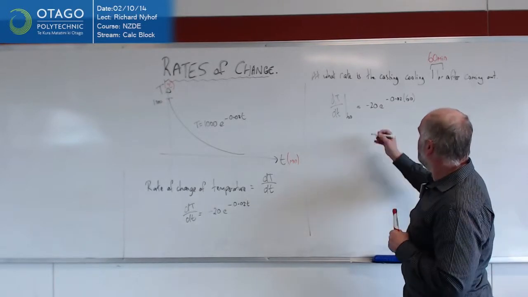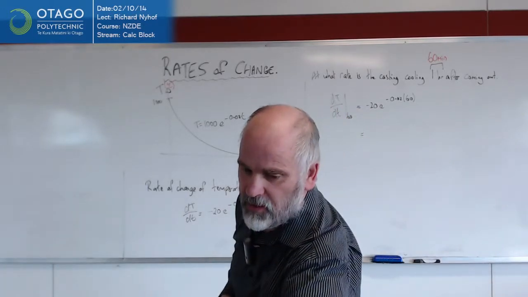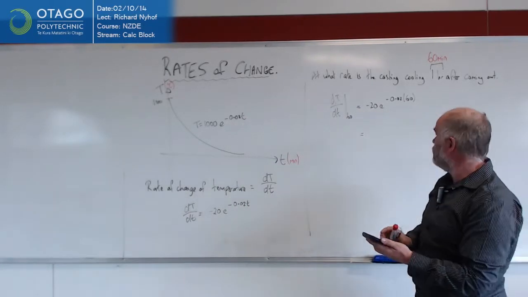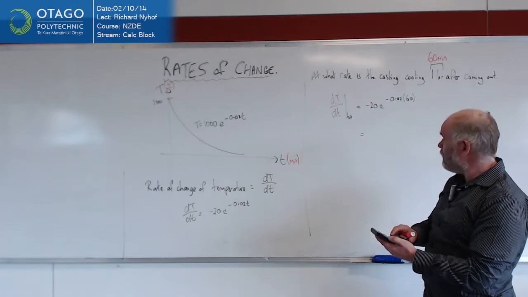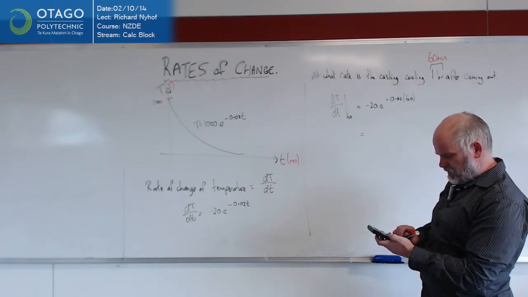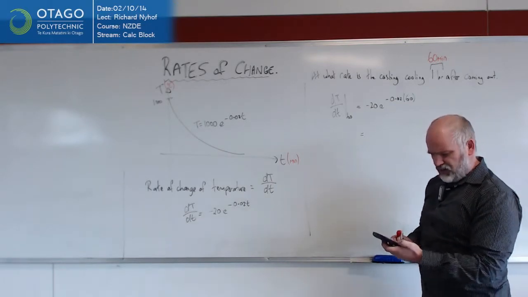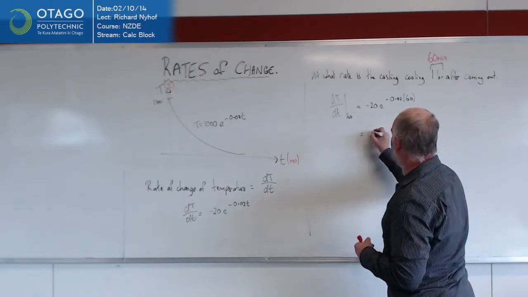So let's check if someone's got a calculator I can borrow. Oh, awesome, thank you very much. We've got a calculator here we can use. So negative 20 times e to the power of negative 0.02 times 60 equals almost exactly negative 6.02, but we'll go with negative 6.